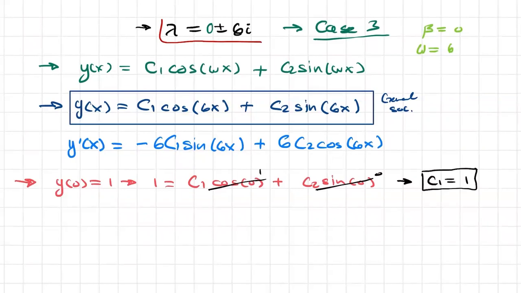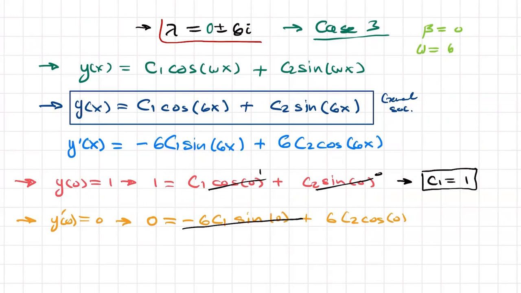And then if we do y prime of 0 equals 0, then we have 0 equals negative 6 c1 sine of 0 plus 6 c2 cosine of 0. And we know that sine of 0 will just cancel out, it goes to 0, and cosine of 0 is 1.